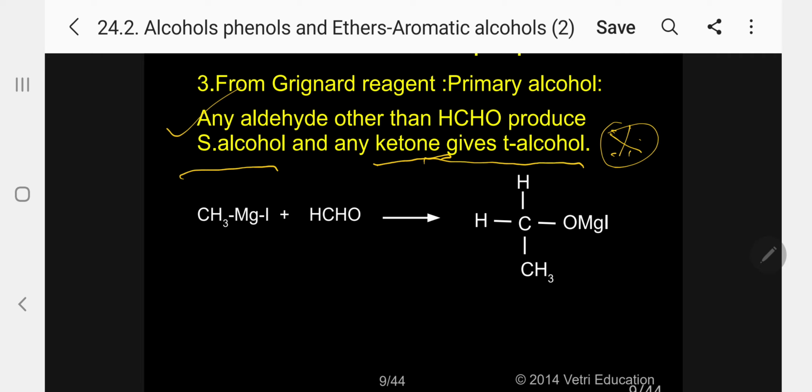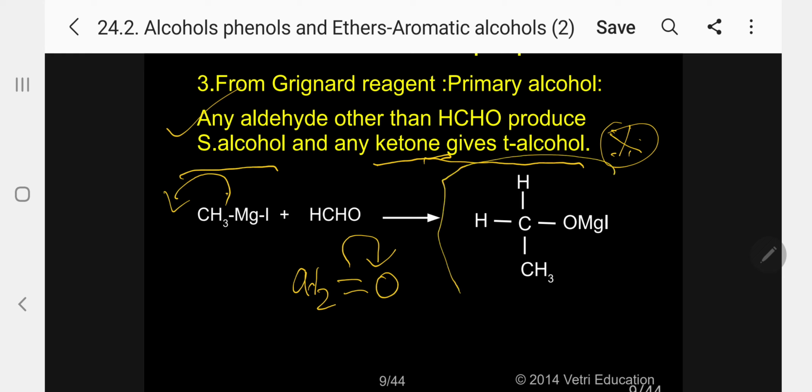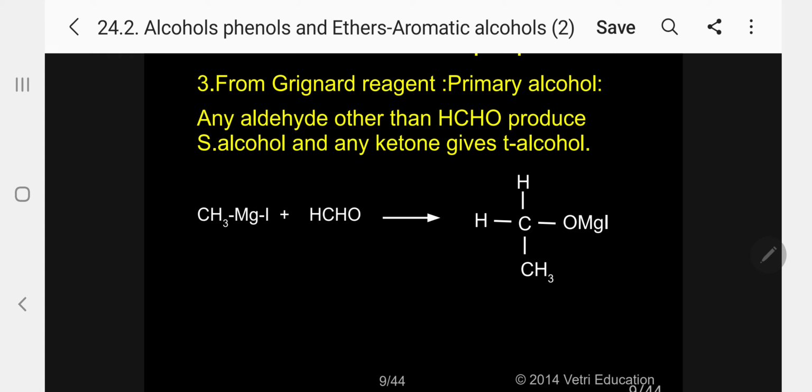Kindly follow. Let me show you again, as usual. Here CH2=O, that is formaldehyde, undergoes addition as usual, forming this intermediate.